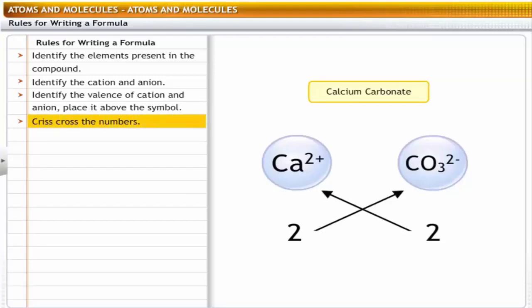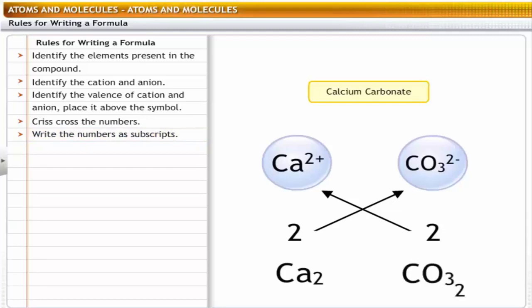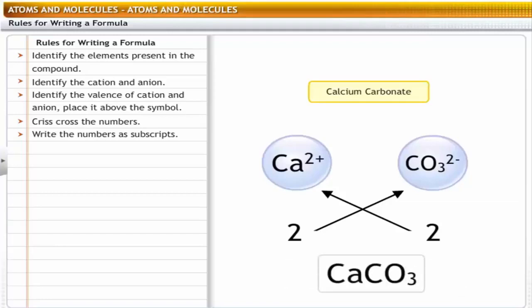Then cross-multiply the valencies. Now write the numerals as subscripts right after the respective symbol, Ca2 and CO3 2. In case of calcium carbonate, both the valencies are 2, hence the formula is CaCO3.